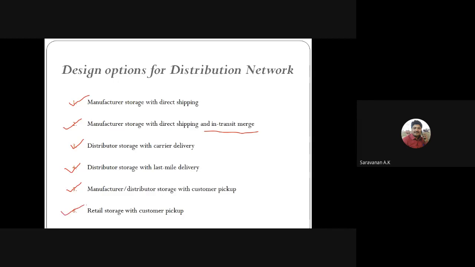So these are the six design options for the distribution network structure. We can see them one by one.